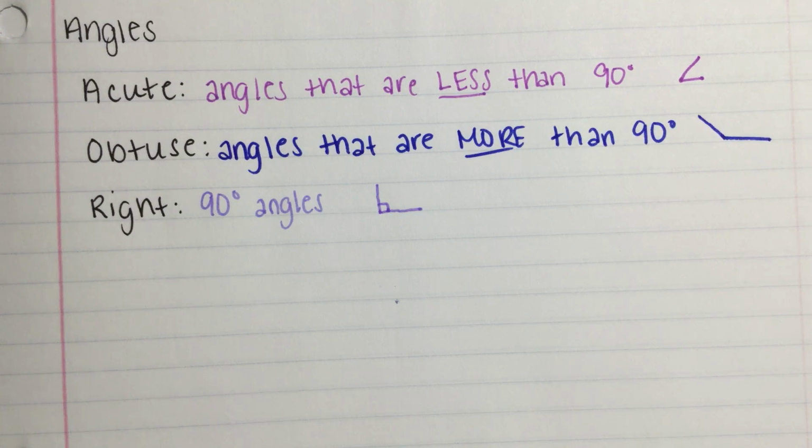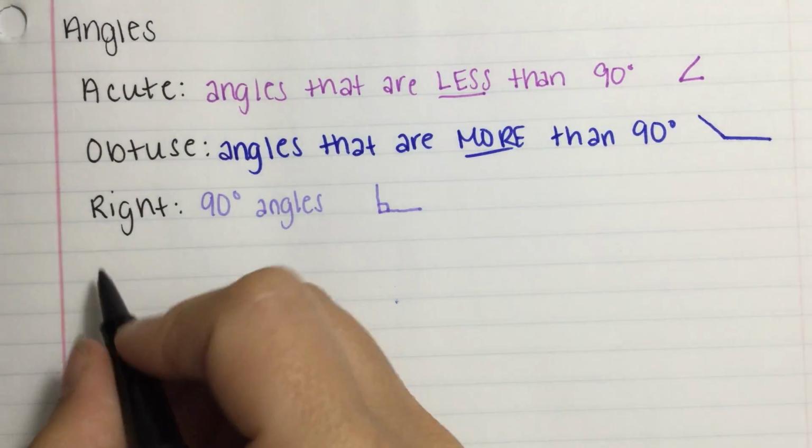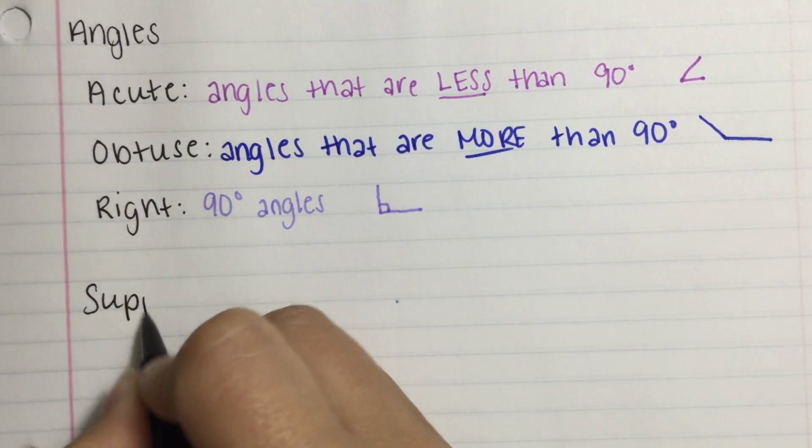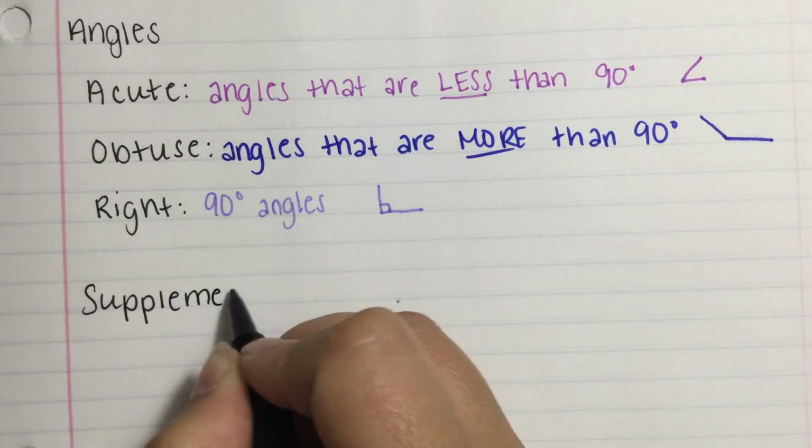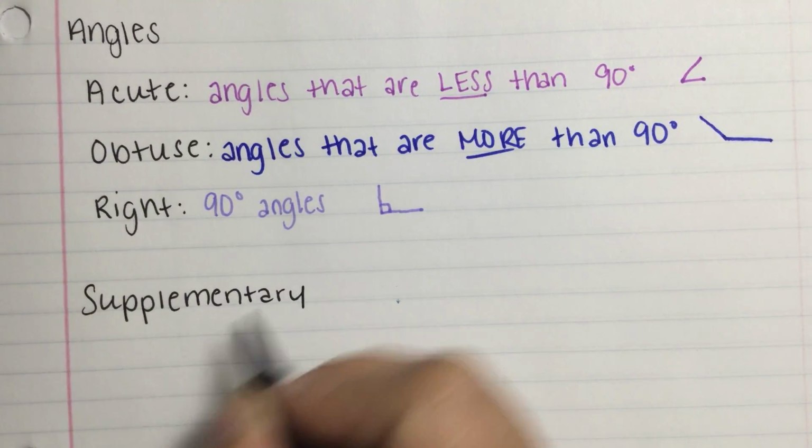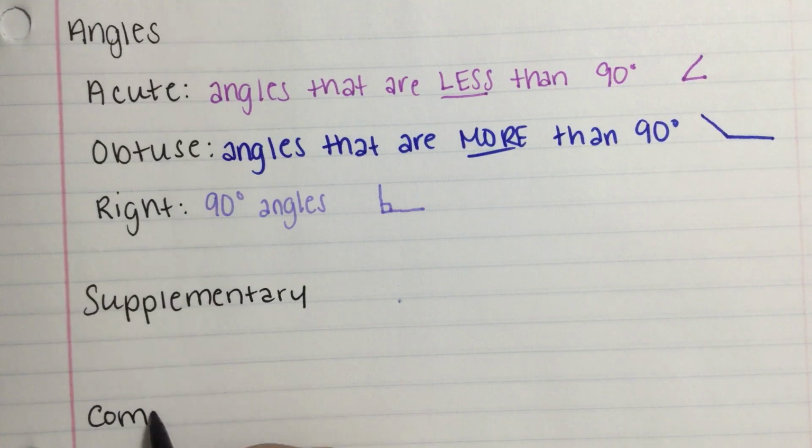So those should, for the most part, be somewhat of a review, but what's going to be new is what we're going to talk about now, which are supplementary and complementary angles.